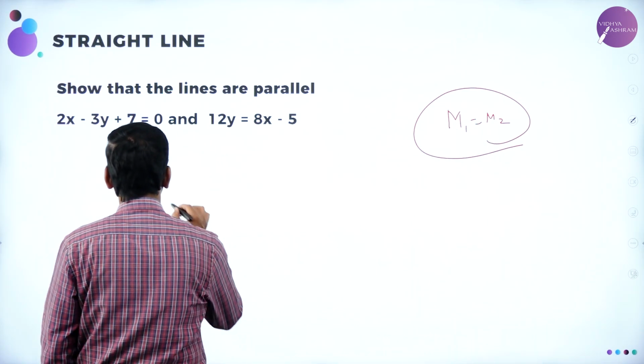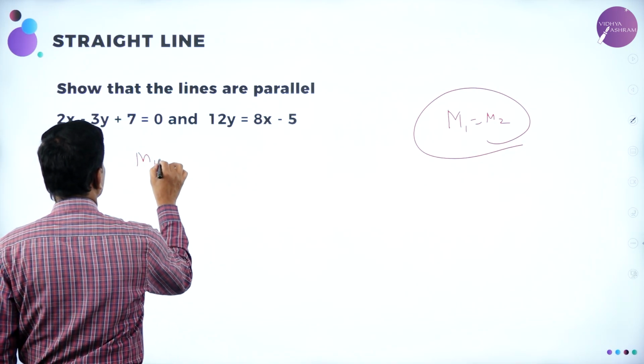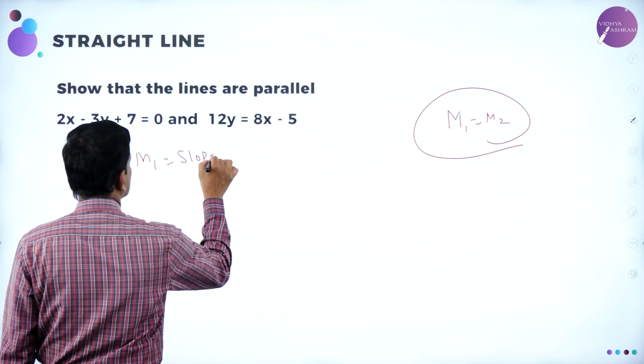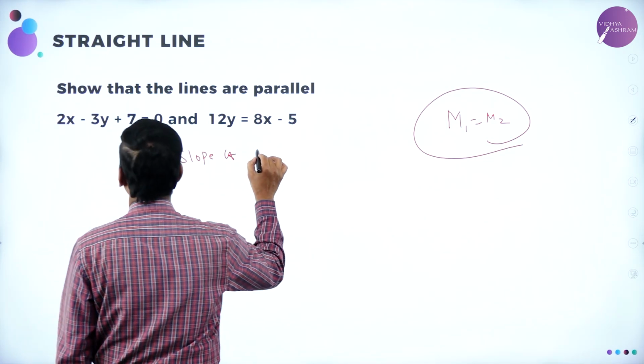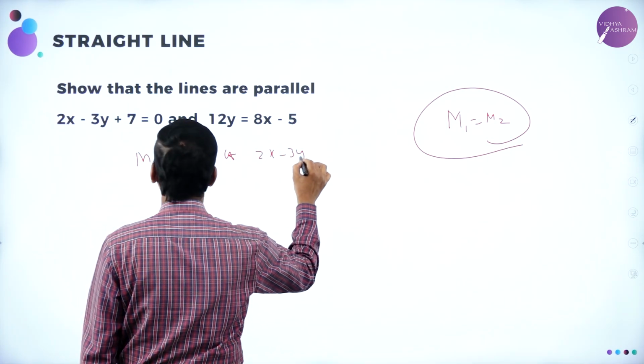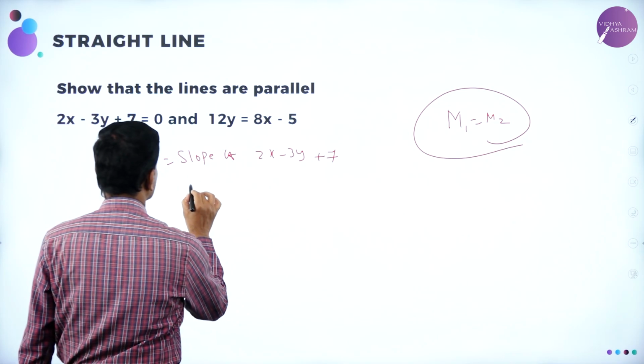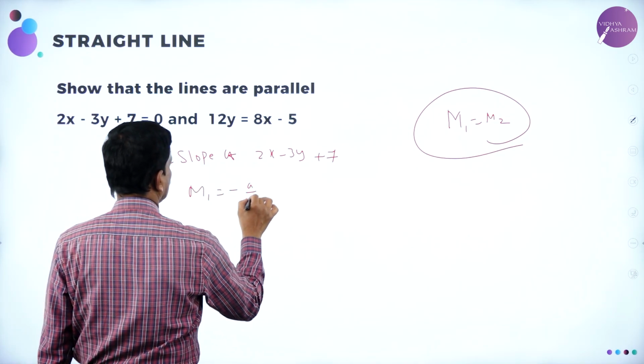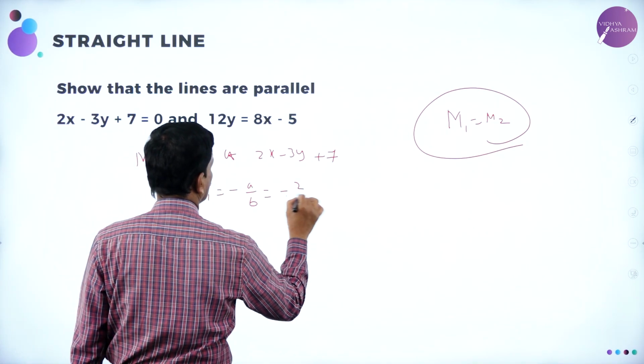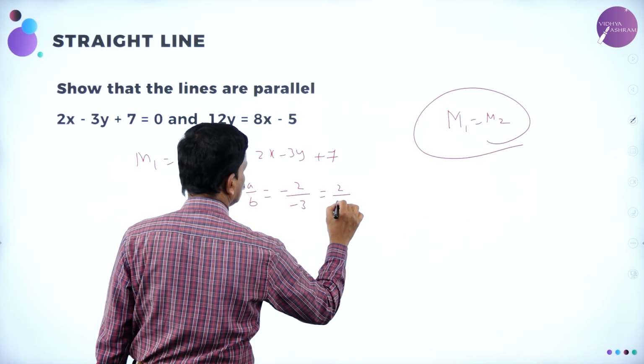Now what is the first line given? Let m1 be the slope of the first line, that is 2x minus 3y plus 7. So minus a by b, minus a divided by minus 3, that's equal to 2 by 3.